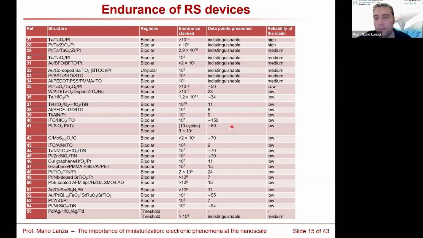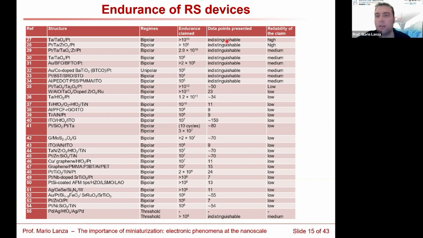And actually, many of these studies, to start with, present one claim of high endurance based on one plot that contains very few data points. You see, here they are claiming 10 to the 12 cycles, showing a plot that has only 50 points. So this is something that we should try to avoid.